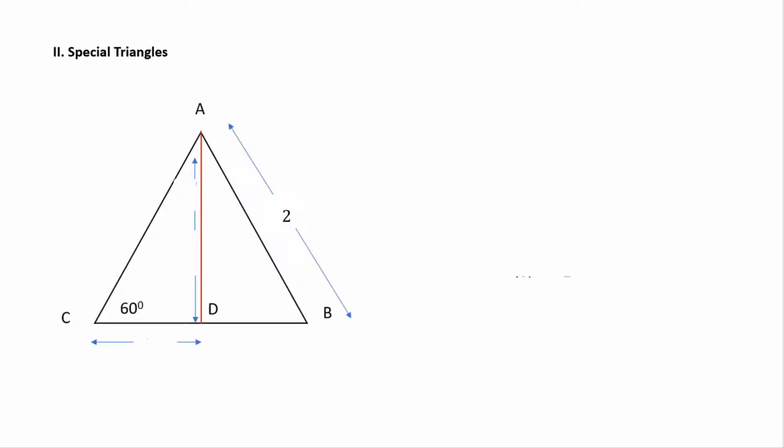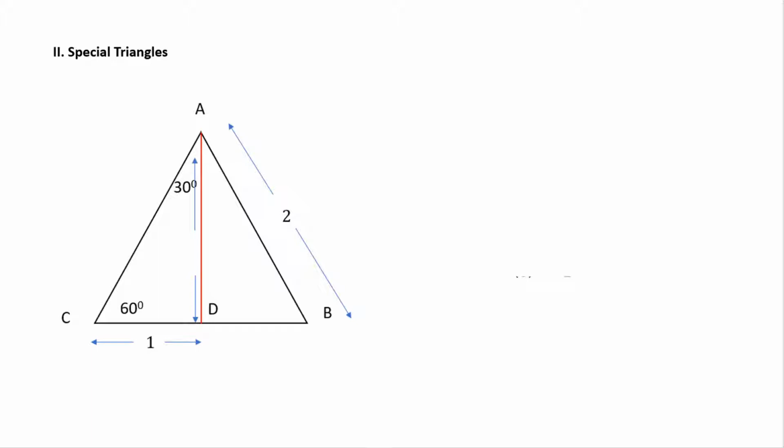I labeled this triangle as triangle ABC and drew a perpendicular bisector from point A to point D, which bisects the segment BC. Then the length of CD, or DB, is 1, and the angle CAD as well as angle BAD is 30 degrees. We split the 60 degrees.